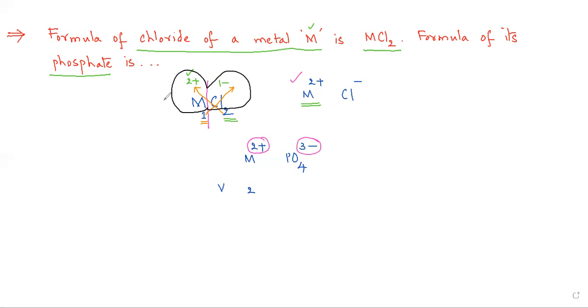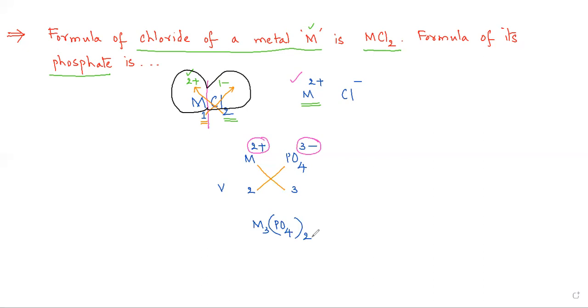But of course, you should know the formula of phosphate ion. Otherwise, you will not be able to solve. Come on. The valency of the phosphate is 3. That's it. You are done. Formula of the phosphate of the metal can be written as M3(PO4)2. Hope this is clear.